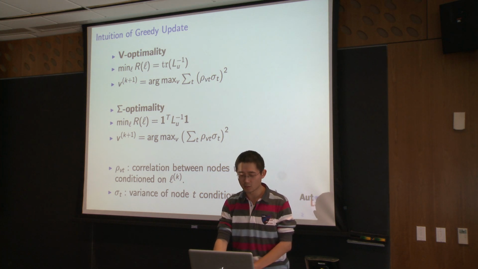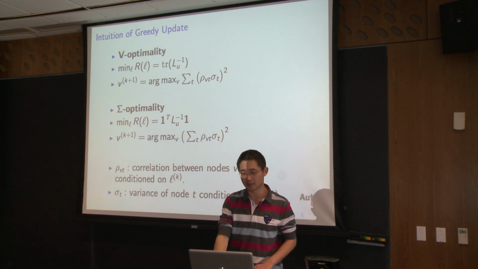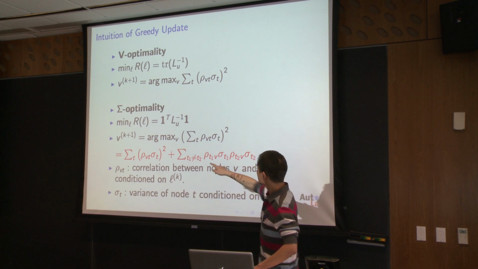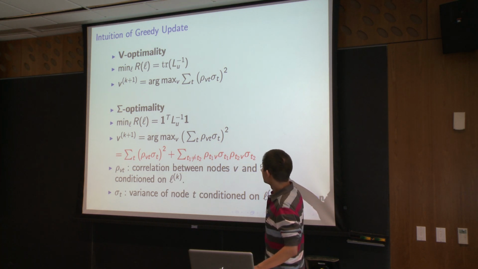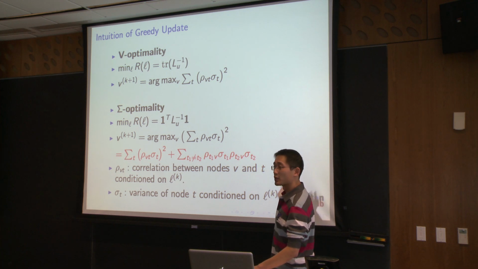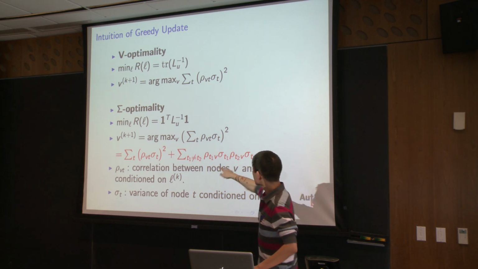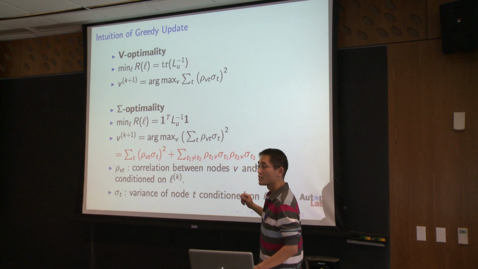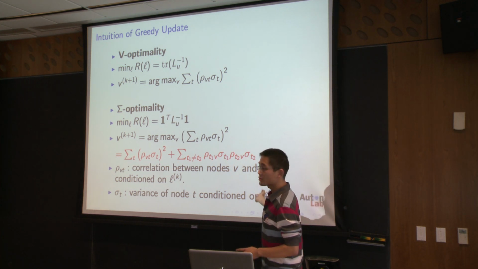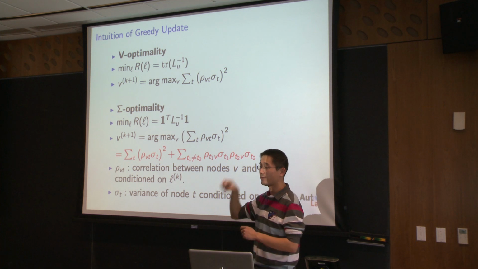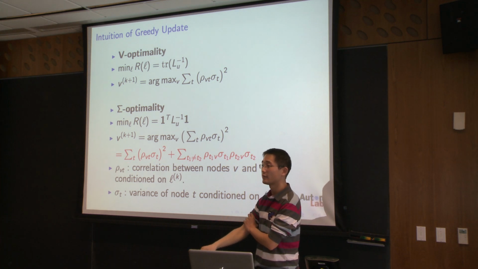And so the question is, why does this buy you something? It turns out this is exactly V optimality plus this cross product between terms, between T1 not equal to T2. I have to say that those T1s, T2s can be the V node itself.